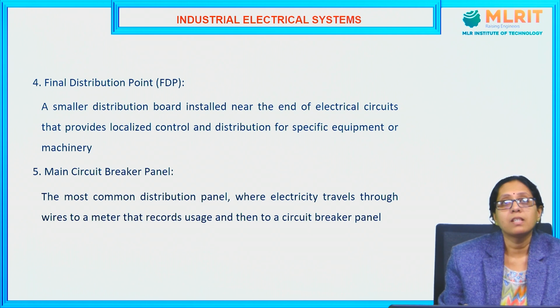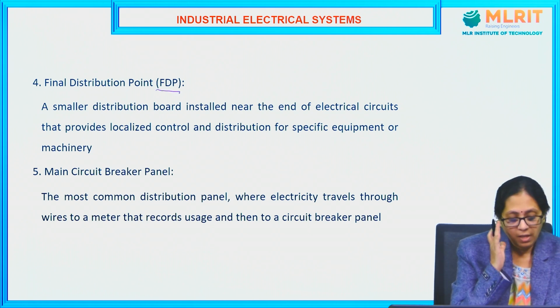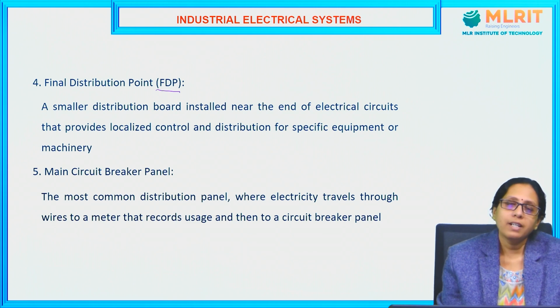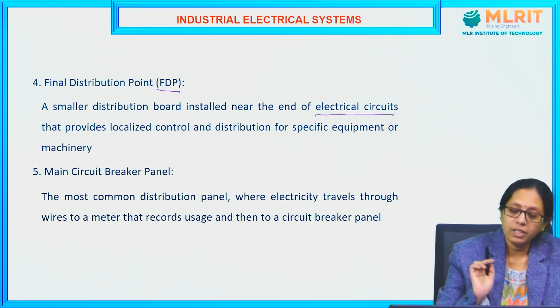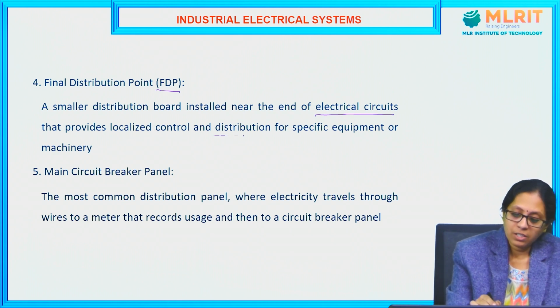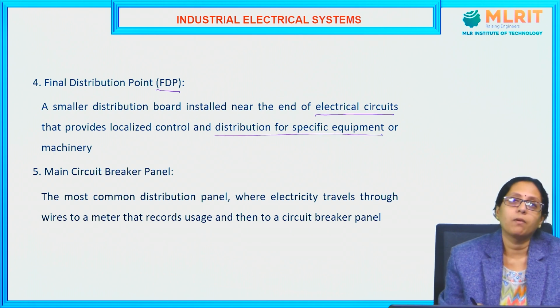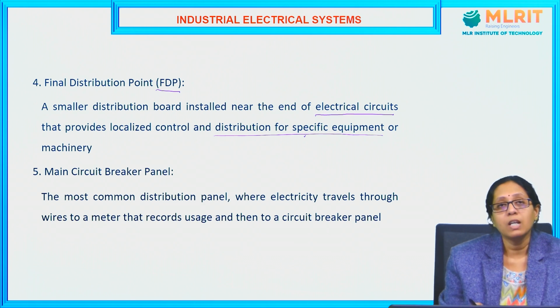Next type is the final distribution point, FDP. It is a smaller distribution board installed near the end of the electrical circuits that provides localized control and distribution for specific equipment or machinery. For protecting the specific equipment and machinery, we will be using the final distribution point box.